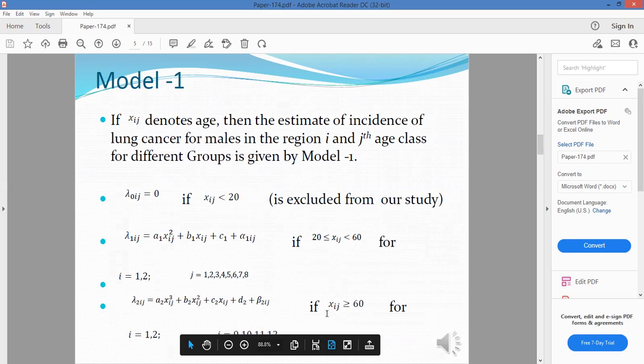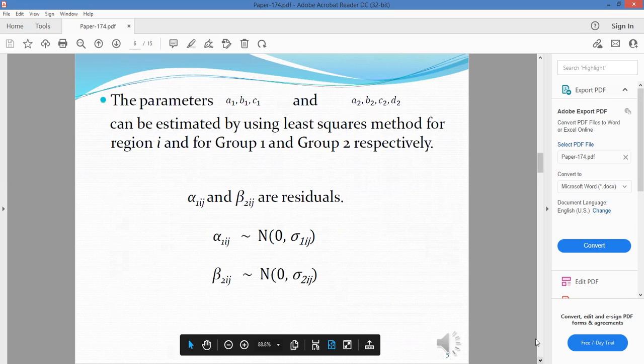Similarly, for people aged above 60 years, the rate of incidence of lung cancer is given by a cubic spline model as A2 xij cube plus B2 xij square and so on. We have fitted the cubic spline model.